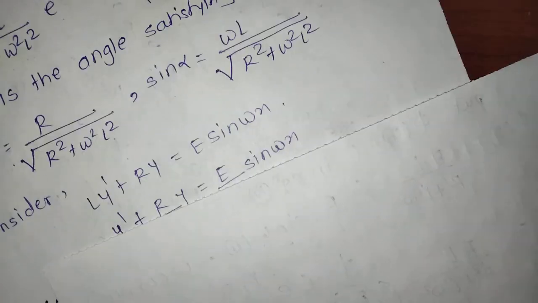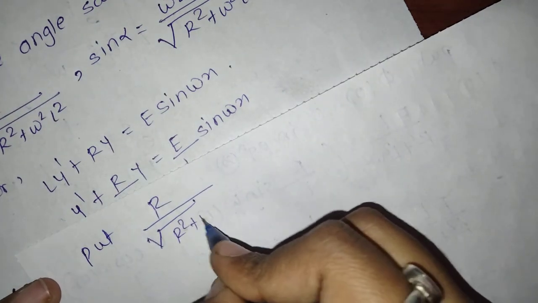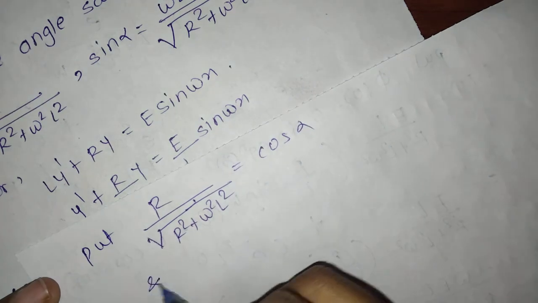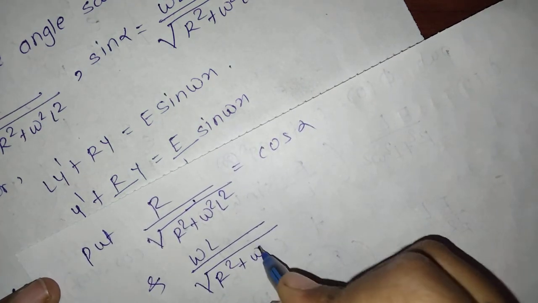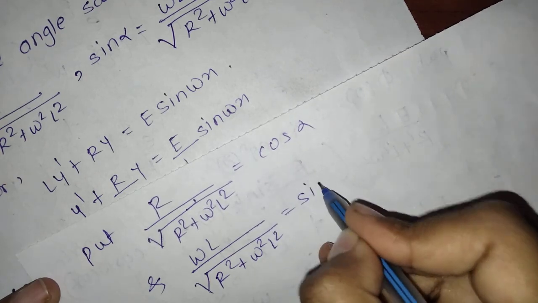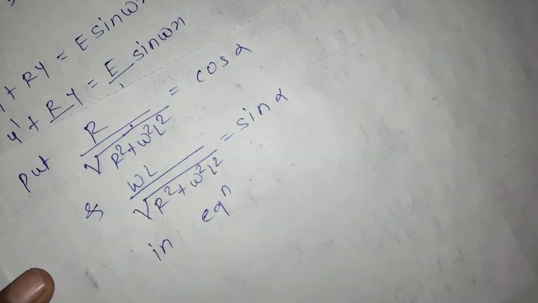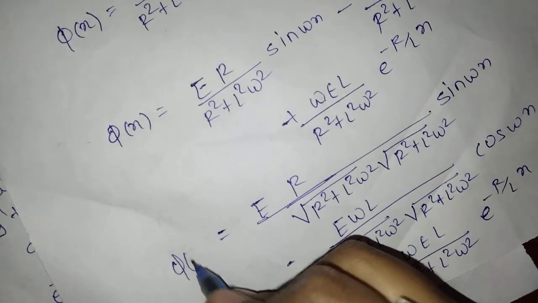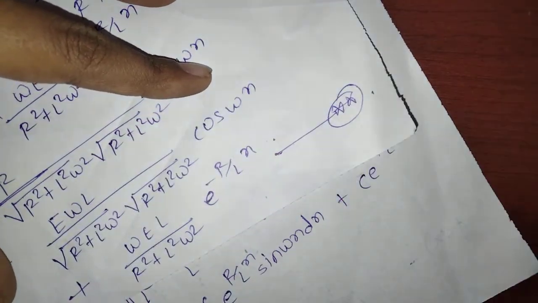Now put R upon under root R square plus W square L square equal to cos alpha, and WL upon under root R square plus W square L square equal to sin alpha in this equation, which we take as double star.